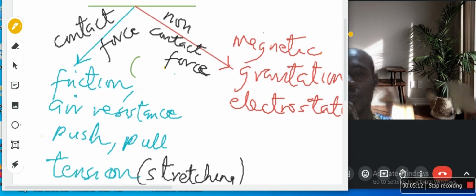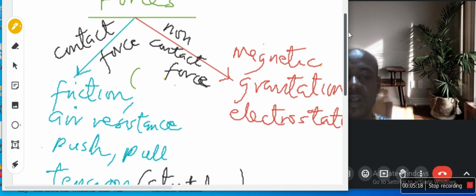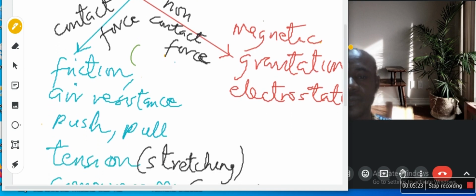Examples of non-contact forces, or field force: gravitational, magnetic, electrostatic, and so on. Remember, non-contact force is also called field force.